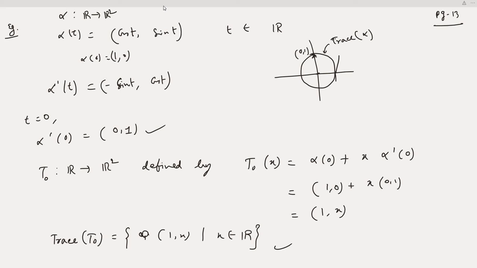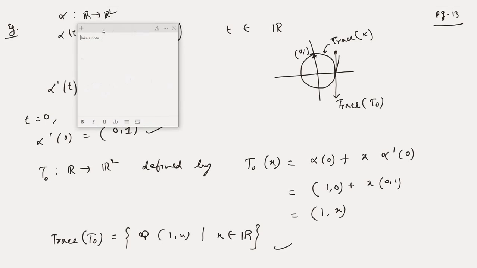So this is the trace of T0. That is, T0 is the tangent of the curve alpha at the time t equal to 0, or at the point 1 comma 0. Okay, so now consider the next example.